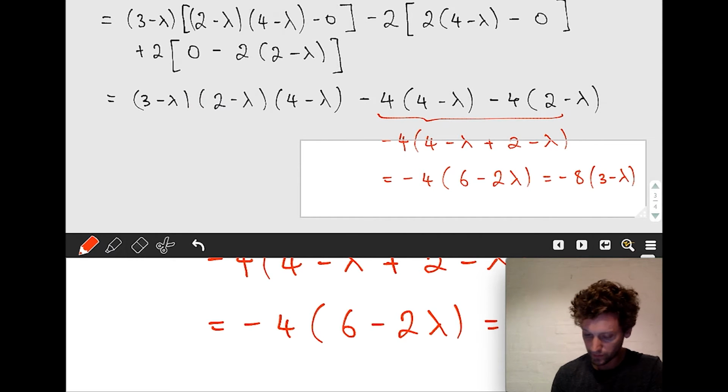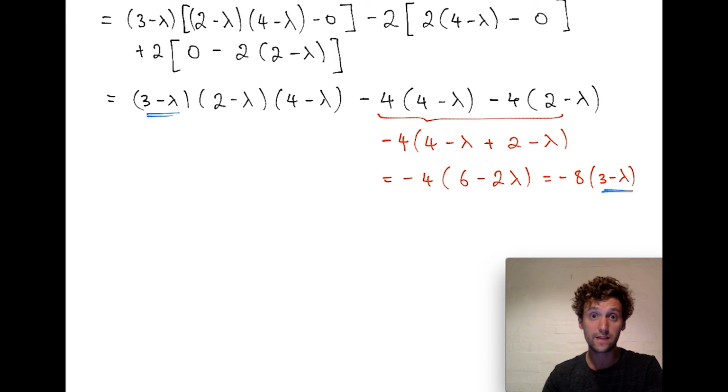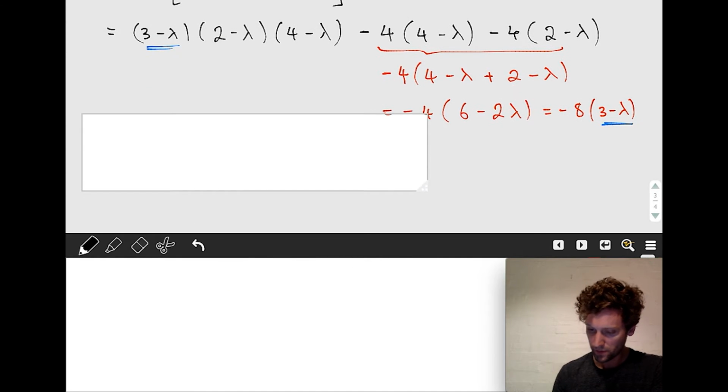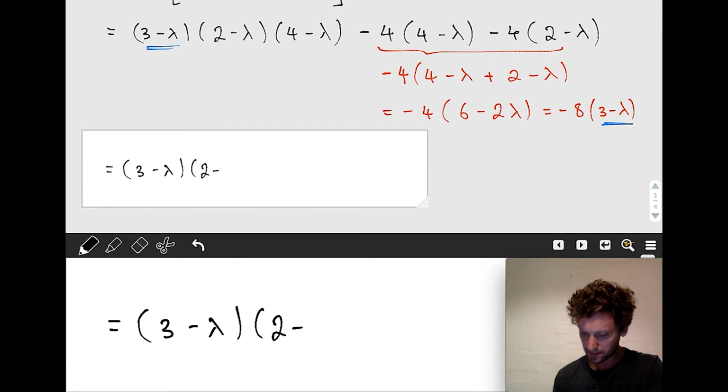That factor of 3 minus lambda also appears back up here. So there's a common factor of 3 minus lambda in this cubic expression, which allows me to factorize the whole thing. So let me write that out a little bit more explicitly. We've got 3 minus lambda times 2 minus lambda times 4 minus lambda.